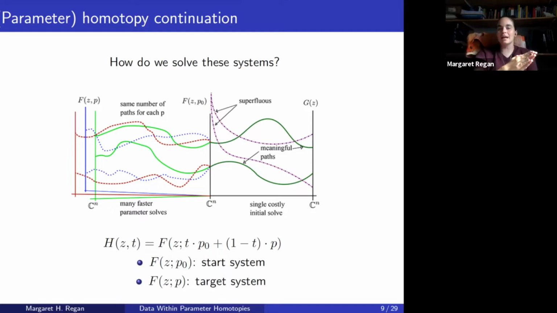So the amount of time comparatively different between this single costly solve and then doing these smaller, faster parameter solves is huge. We did this one project that I'll talk about later where it took over a week to solve this initial one, and then it takes under a day to do each of these faster parameter solves. So it's very impactful when you're working with more complicated polynomial systems outside of this visual.